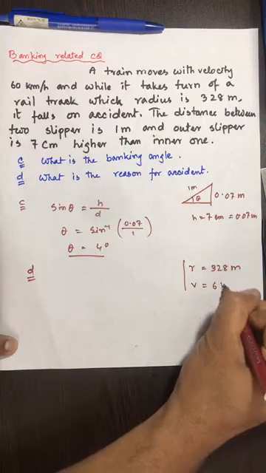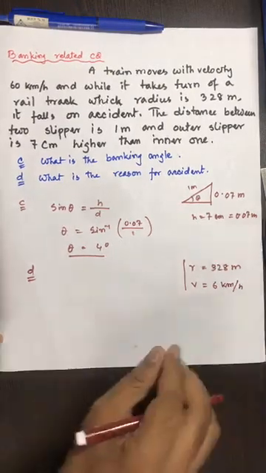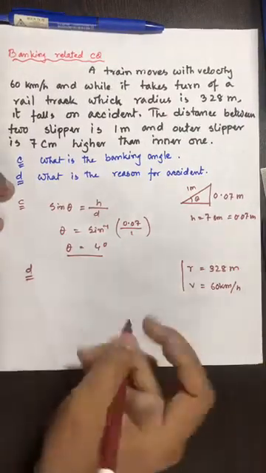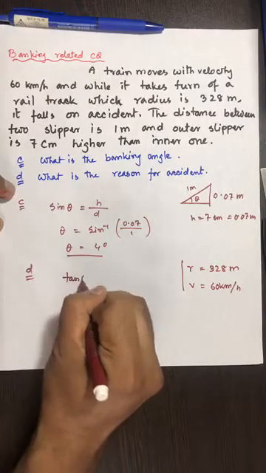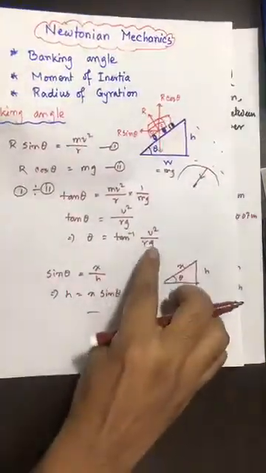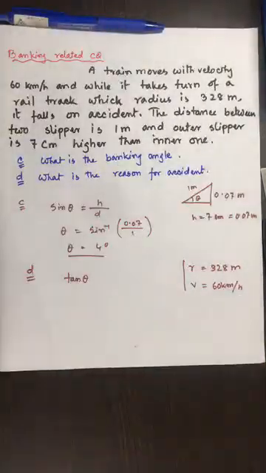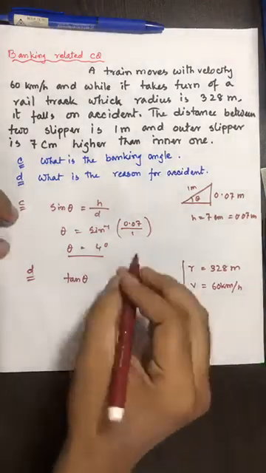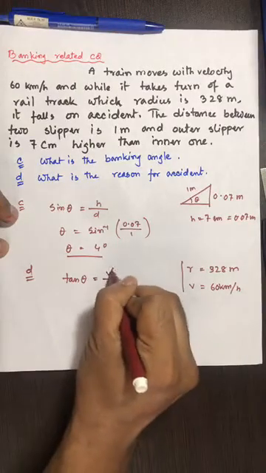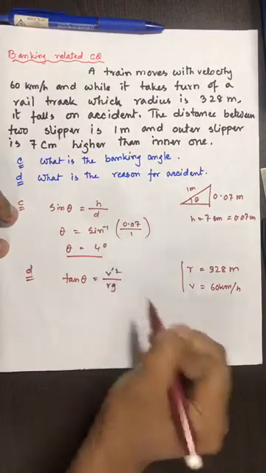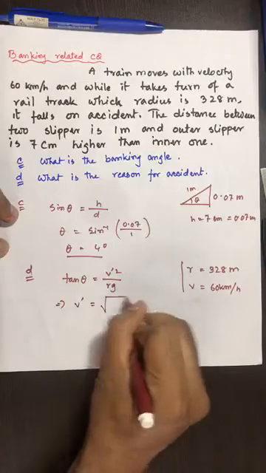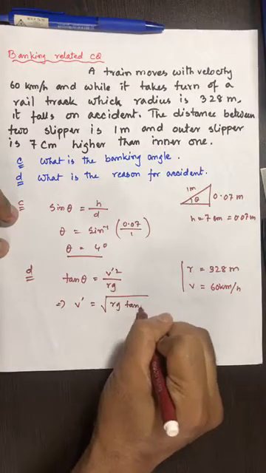It is not necessary to make it meter per second, but if anything comes in meter per second, we make it kilometer per hour. Tan theta equals v square by rg. We use this one. With the velocity v prime, v prime squared by rg equals tan theta, so v prime equals root over rg tan theta.